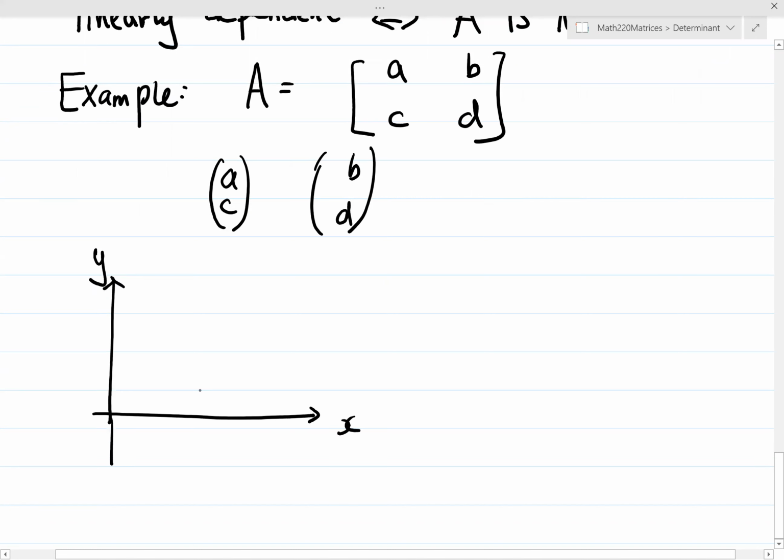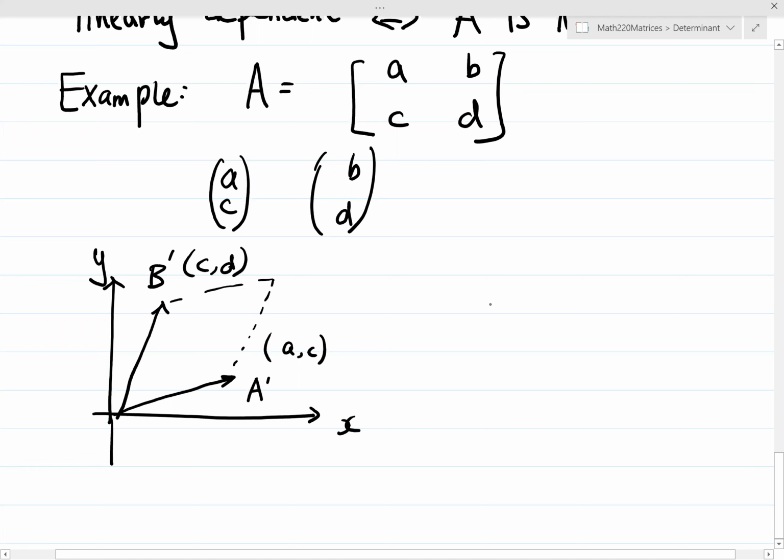So suppose we get here A prime is AC, and B prime is BD. Now the parallelogram is the image of this unit square.